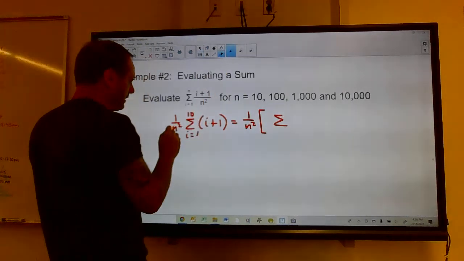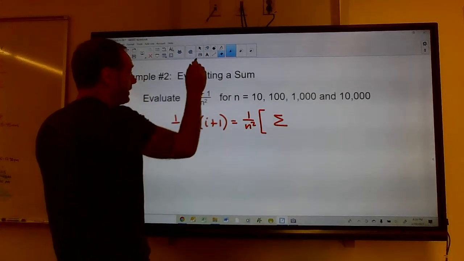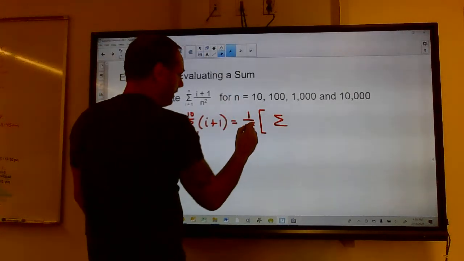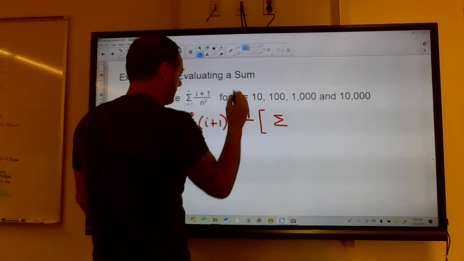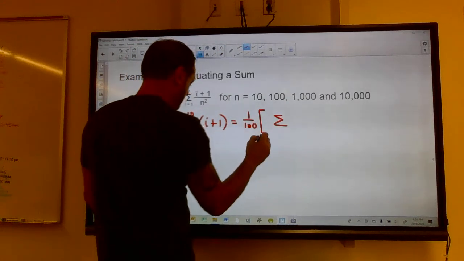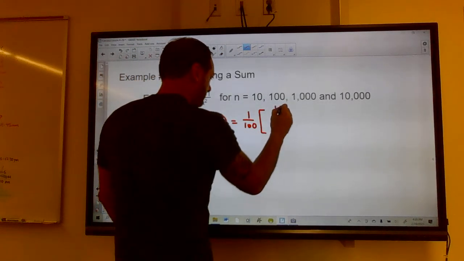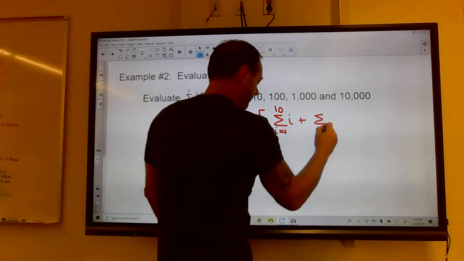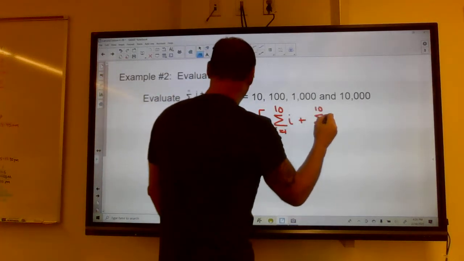So this would be 1/100th down here. Okay, and so that makes this 1/100th times the sum from i equals 1 to 10 of the i's plus the sum from 1 to 10 of the 1's.